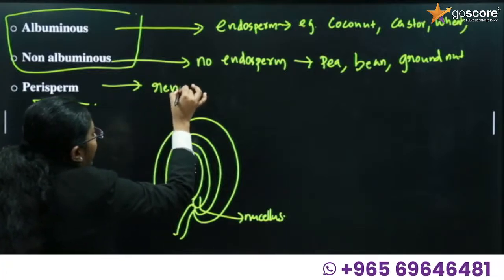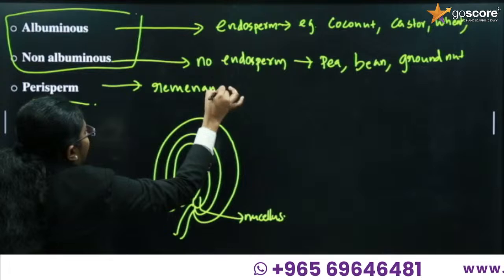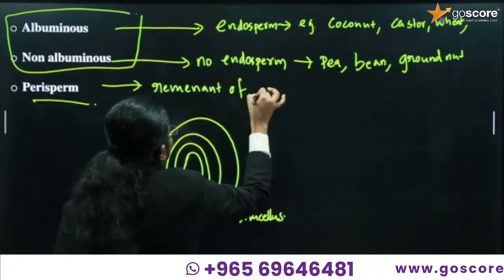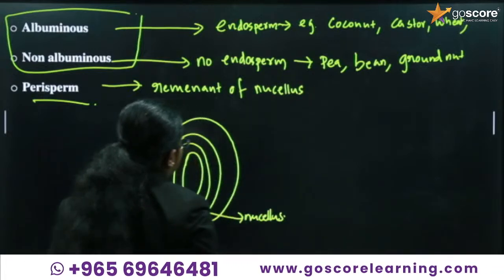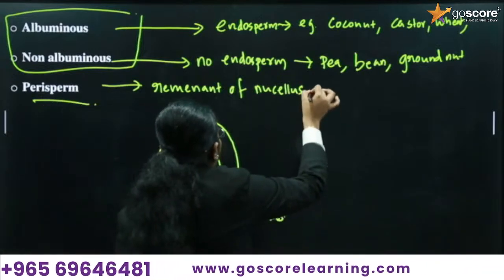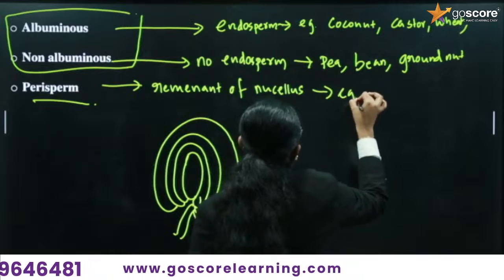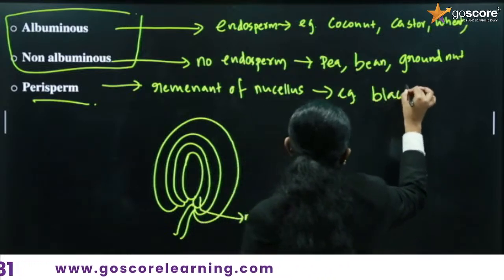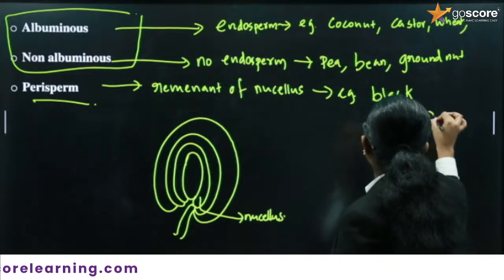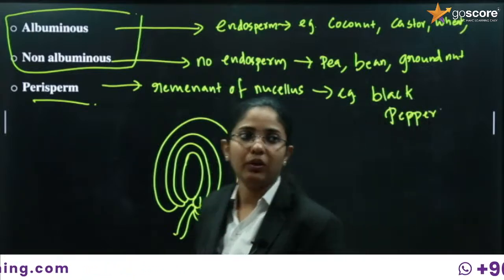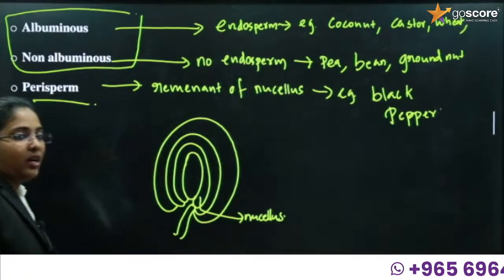In perisperm, remnants of nucellus are present. The example is black pepper. Got it? Understood?